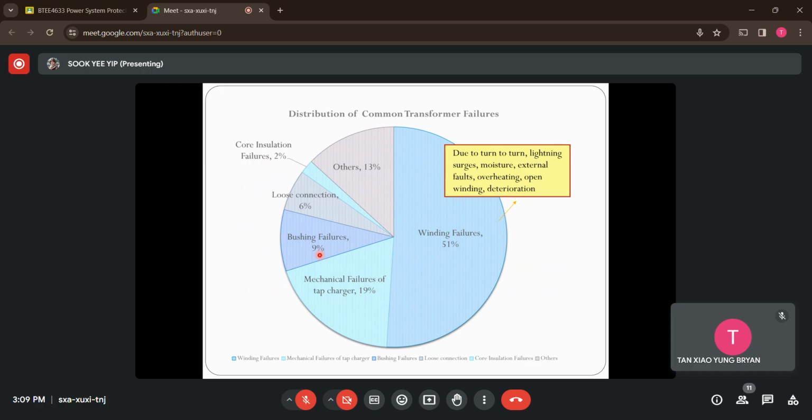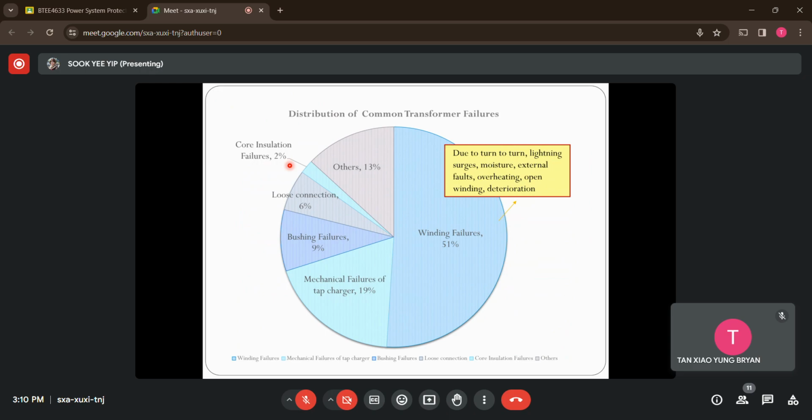The next one we have is 9% for bushing failures. The insulating structure might be aged, cracked, or something. Moving on, we have loose connections at 6%. Next, we have core insulation failure at 2%. Transformer core insulation failures can happen because the core has turned into saturation mode with high voltage being induced.